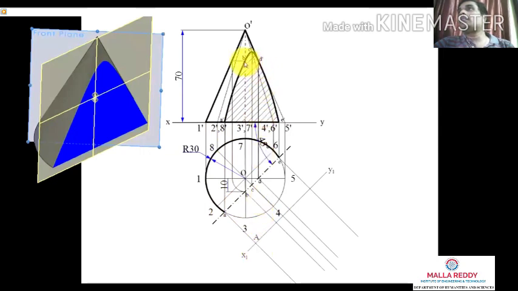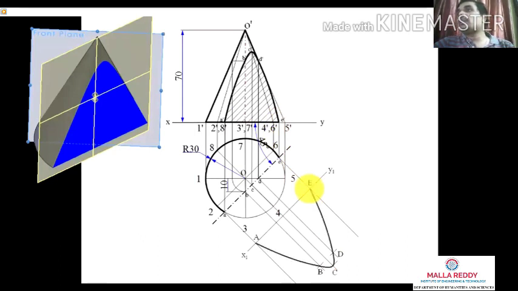Now regarding B dash, take the distance from xy to B dash and mark it from x1 y1 on the same line. Now capital B. Similarly, to get C, take the distance from xy and represent it from x1 y1 to get capital C. For D dash, one leg of the compass on xy and the other point on D, so we have got D. Then E is projected on xy, so E is projected on x1 y1.